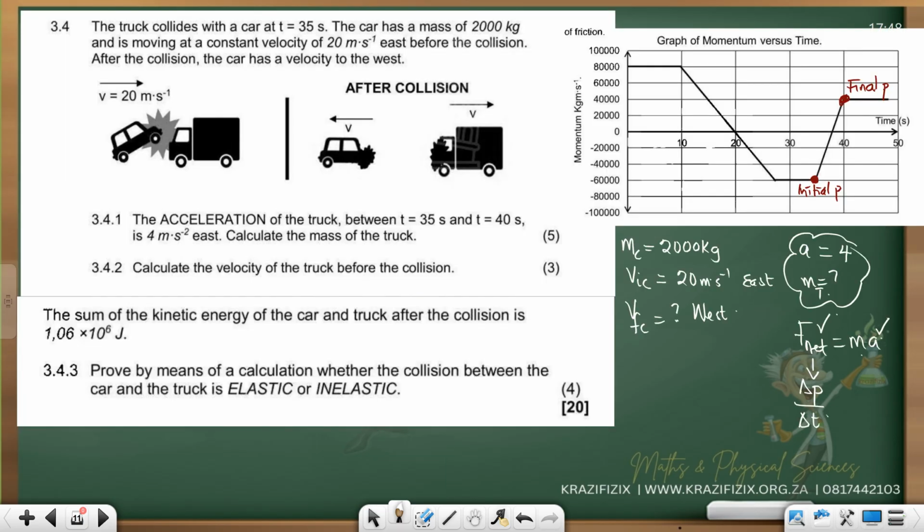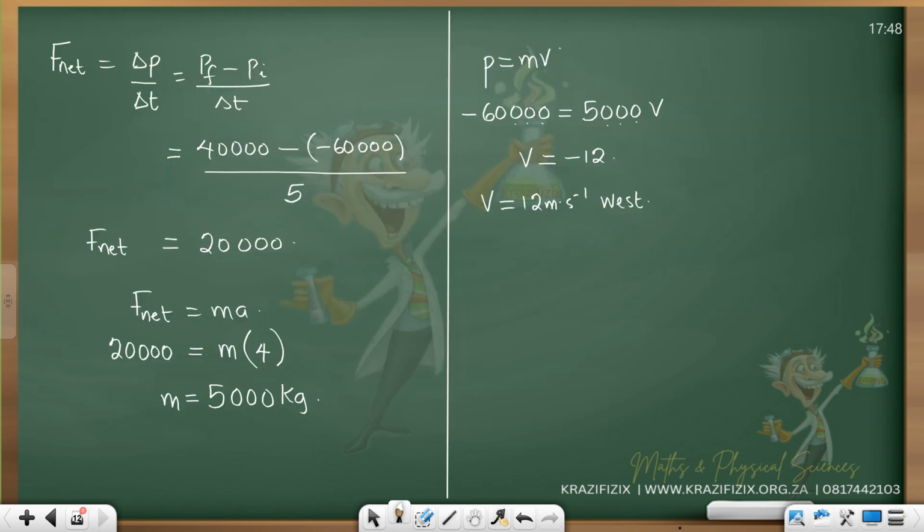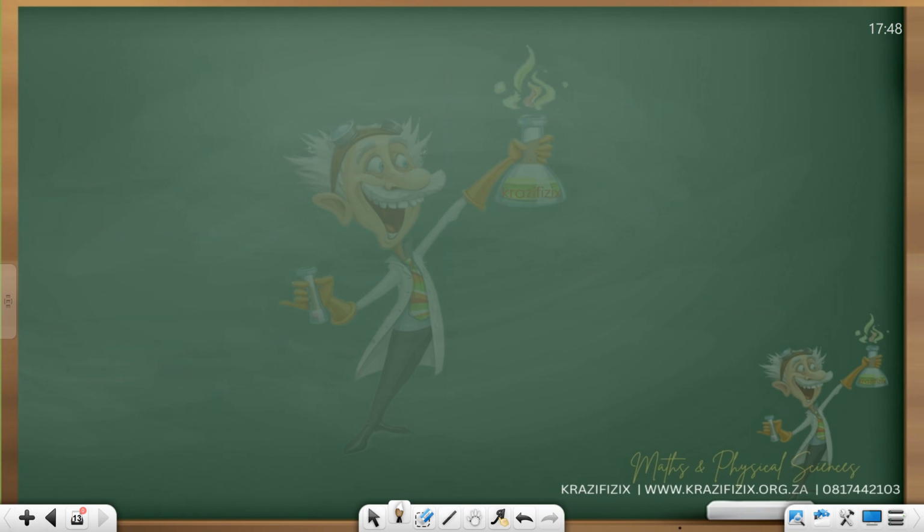All right, the last one. The sum of the kinetic energy of the car and the truck after the collision is that. Prove by means of a calculation whether the collision between the car and the truck is elastic or inelastic. Quick revision: what is an elastic collision? An elastic collision is a collision where both momentum and kinetic energy are conserved.